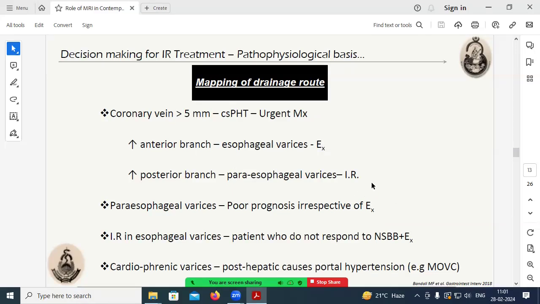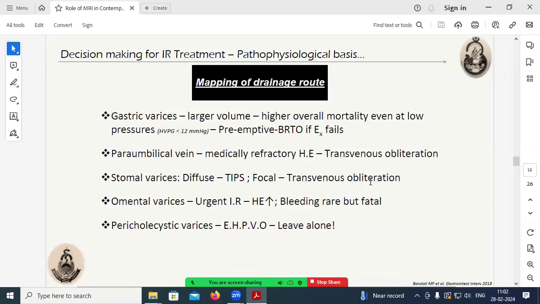And in esophageal varices also, if they are not responding to non-selective beta blocker therapy combined with endoscopic sclerotherapy, in those cases also, you can go in for endovenous sclerotherapy.